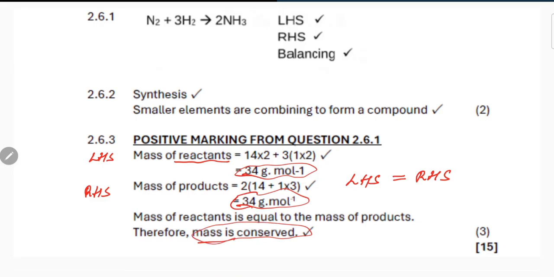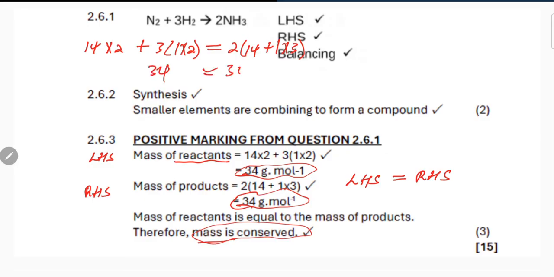You do them separately. You don't have to calculate the mass on the reactants this side. We're not going to do this: 14 times 2 plus 3 into 1 times 2 is equal to, you don't have to conclude, 2 into 14 plus 1 multiplied by 3, which is 34.